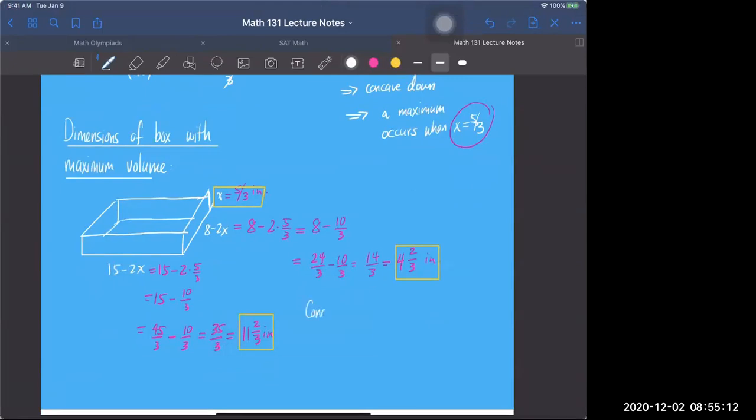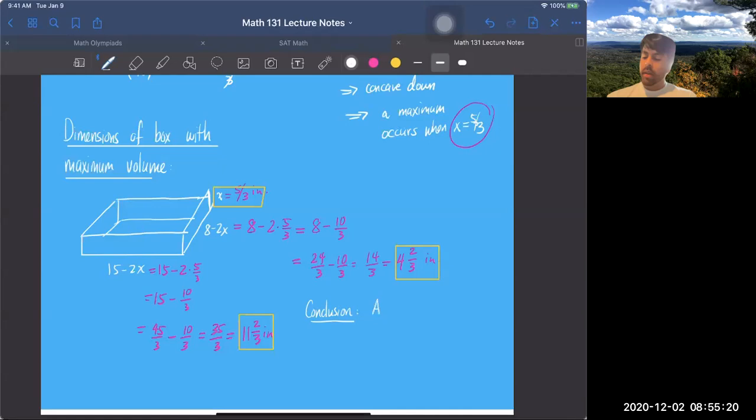Okay, so my conclusion is that, a rectangular box, so actually I should say, by cutting squares of side lengths 5/3 of an inch, the resulting open box has maximum volume with dimensions.